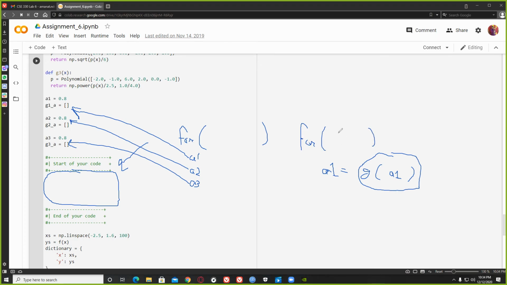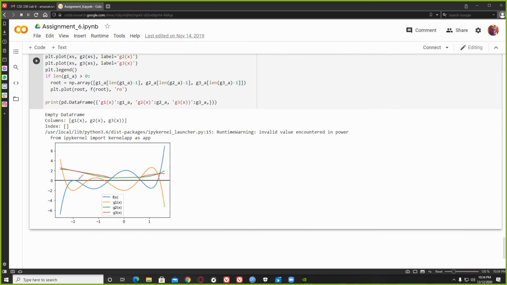If you run enough iterations, a1 will be one of the roots, and if you run this for three different equations, finally the roots will appear in the graph. So f of x is the blue line, and you'll get at least 3 roots for f of x using the formula. So that's it for this lab.